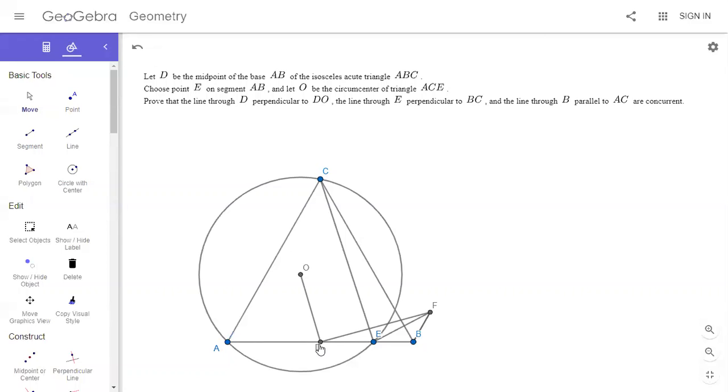I'm not sure how you want to do it, but I'm just going to draw it out like this for now. All right, so how do we show this? Is it easier to let F be the intersection of the two perpendiculars, and then we have to show BF is parallel? I'm going to try that. Just delete BF for now. So we want to show BF is parallel to AC.